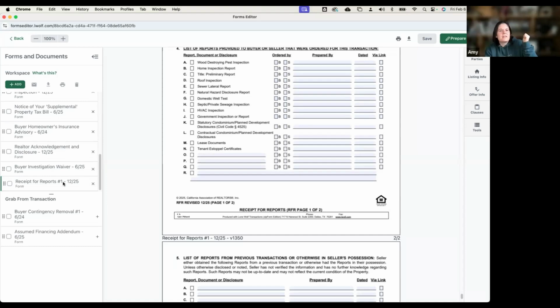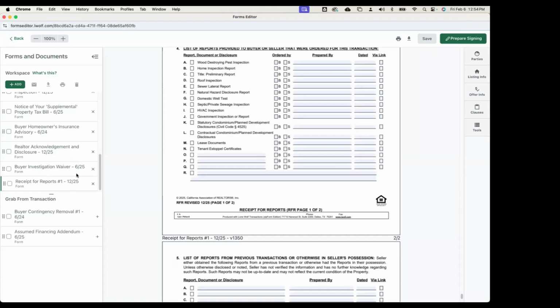And then once we have any reports from the seller, that receipt for reports with those listed from the seller. And then once we've ordered reports, once buyer decides what investigations they want done, we would do the buyer investigation and another receipt for reports. Does that make sense? Yes, thank you. Absolutely.